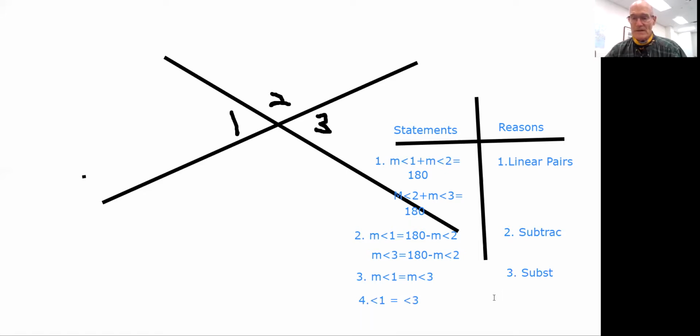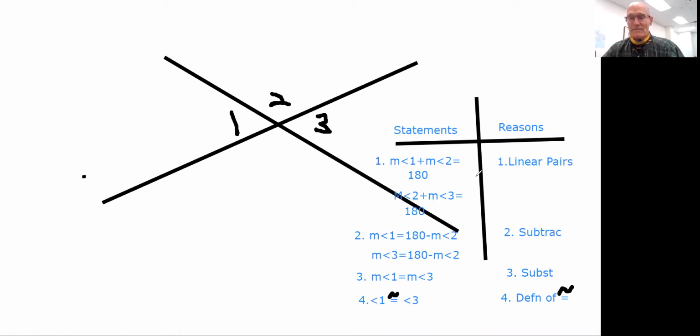And the reason is the definition of congruency, so I can come up here and put that little congruency symbol right on top of the equal sign in both cases, like that. So that's the type of proof that we're doing today.